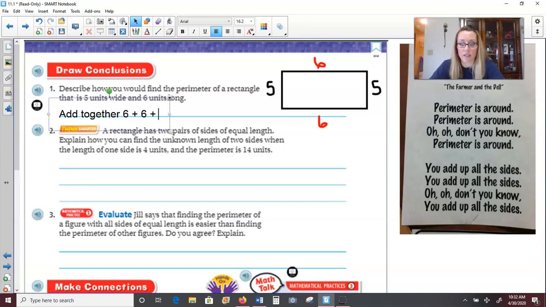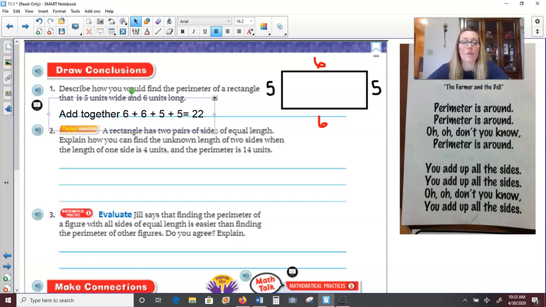Plus, I was hitting the caps lock button, not the shift. 5 plus 5 again, and what does that equal? Well, I know 5 plus 5 is 10, and 6 plus 6 is 12, so you can always break it down. And so we're adding 10 plus 12, which is 22.